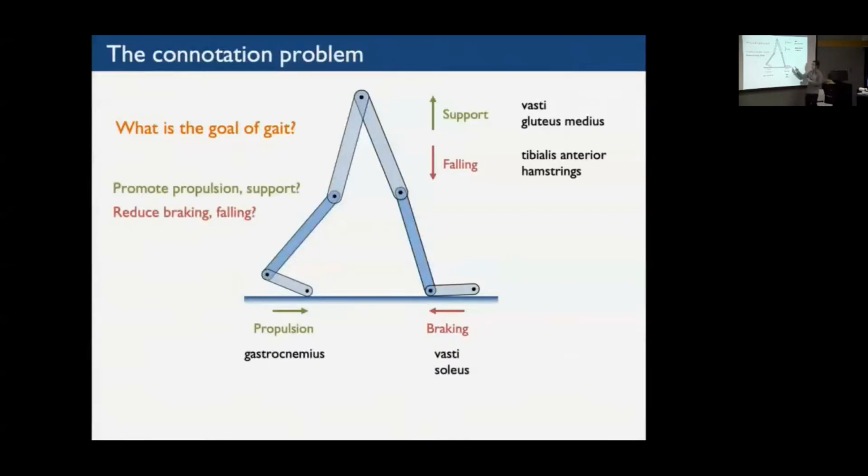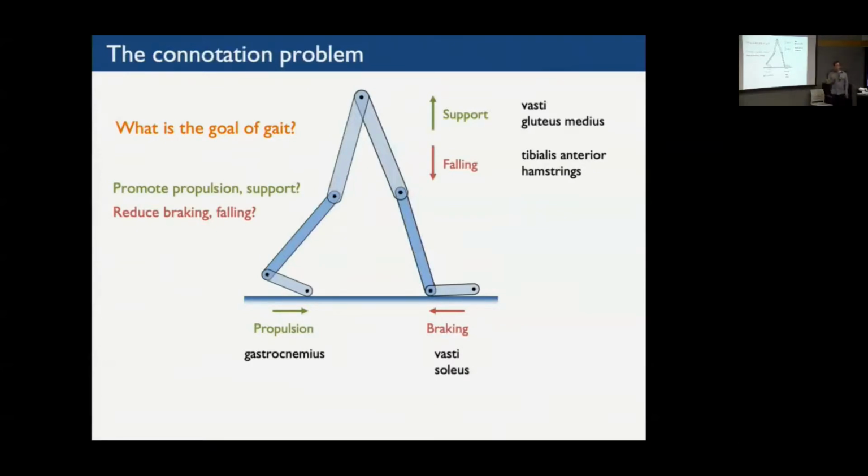What if you want someone to walk faster? One idea might be, if this is braking and slowing you down, then maybe you should apply Botox to all the bad muscles, these and these, and then the person will stand up straighter, I'm not sure. Maybe they'll walk faster or they'll get more propulsion.